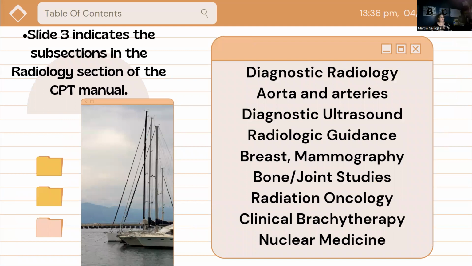So let's talk about how our radiology section of the CPT is actually set up. We have diagnostic radiology, and these are going to be your green headings. If you look on page 526 of your CPT, you're going to see diagnostic radiology or diagnostic imaging in green.